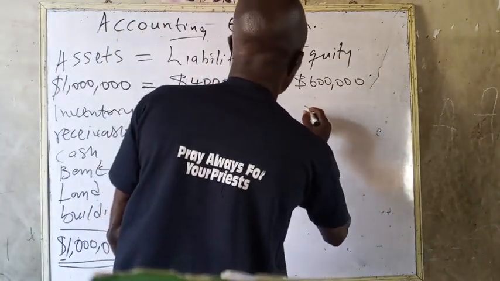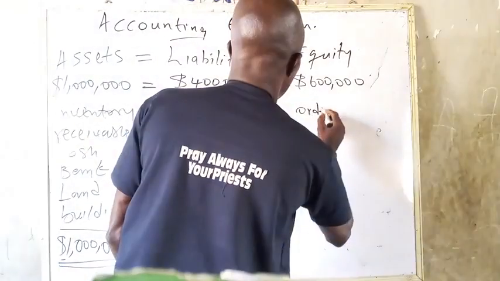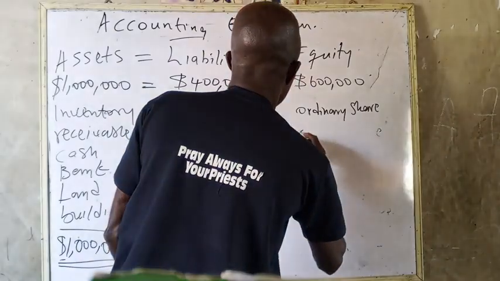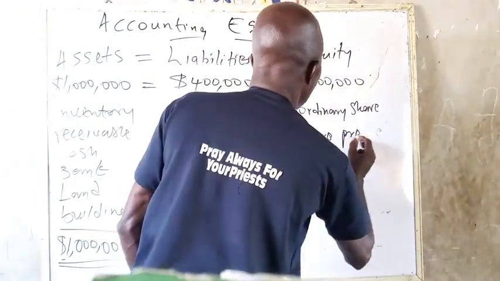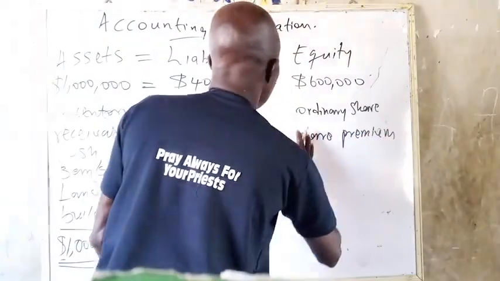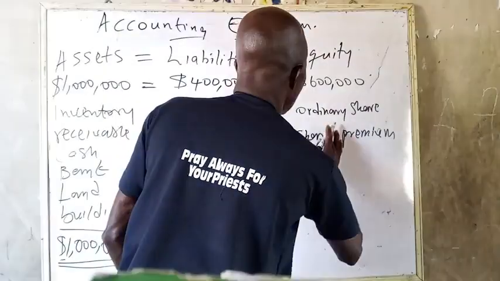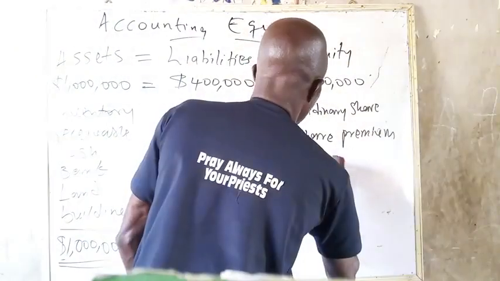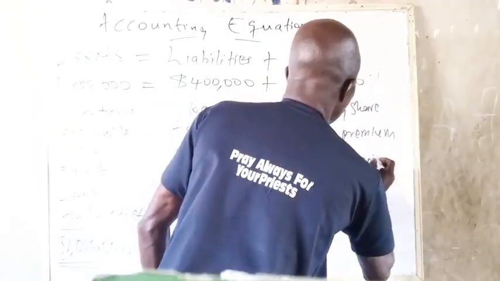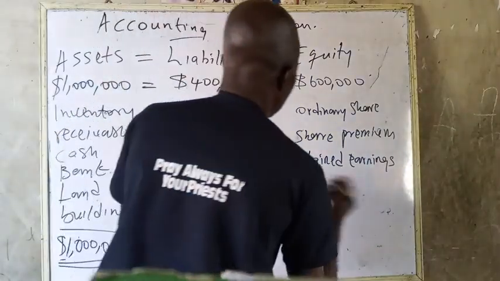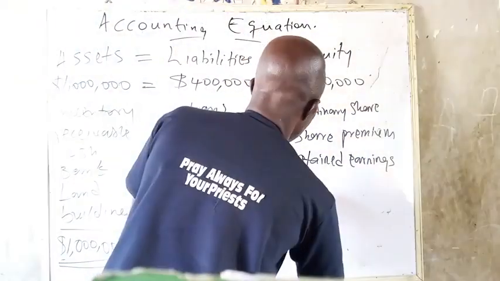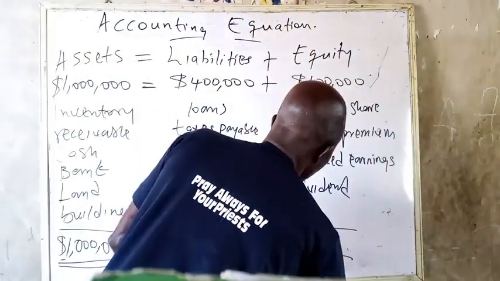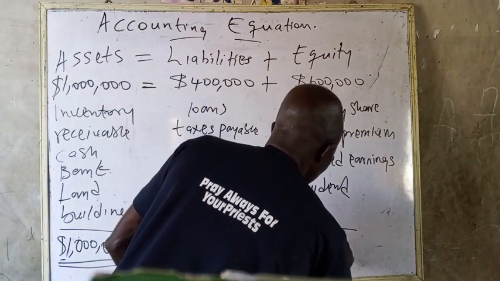Equity, which is, for example, ordinary share, share premium, retained earnings, dividend, etc. So the total value of this is going to be $600,000.